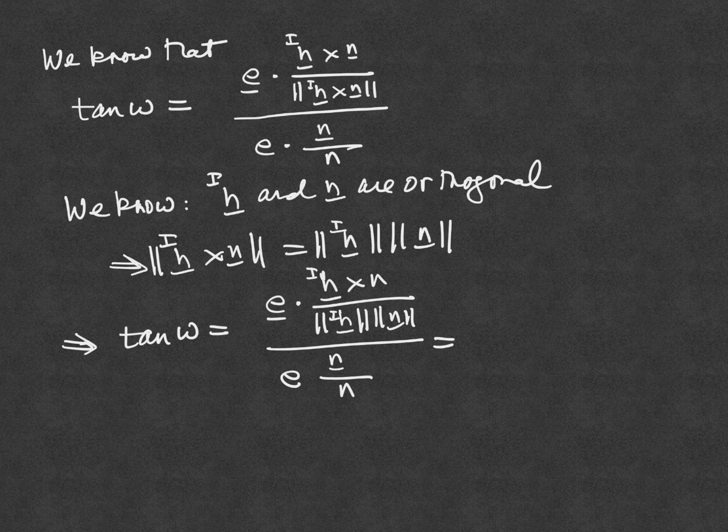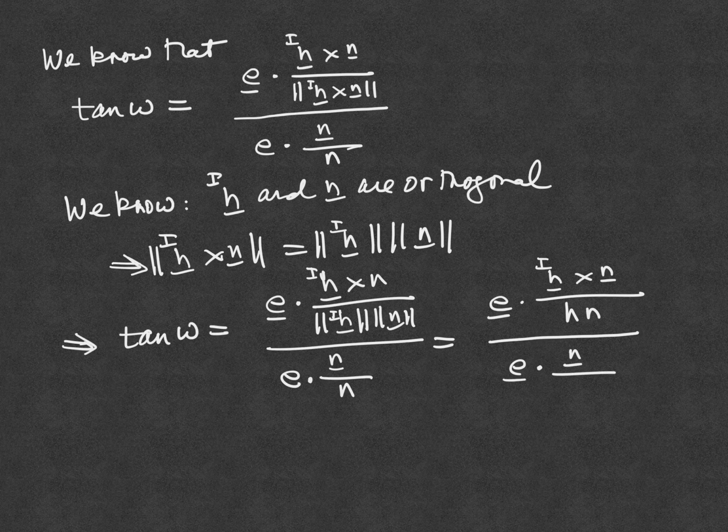Now I can substitute in the things I defined before, where the magnitude of h is h. This gives E dotted with h crossed with n, all divided by hn, all divided by E dotted with n divided by the magnitude of n. From this I can simplify quite a bit.